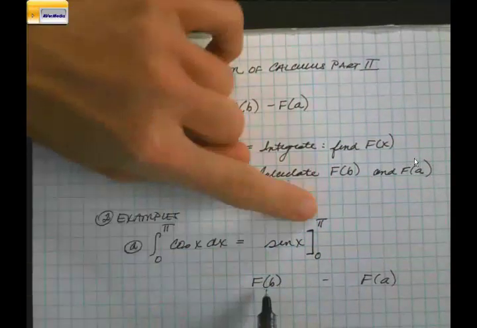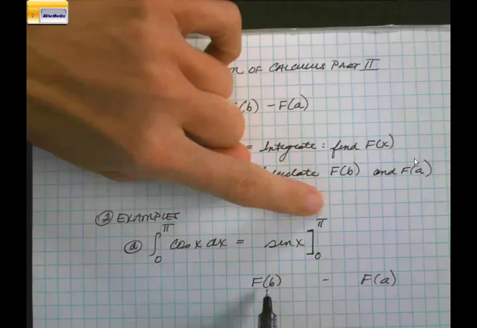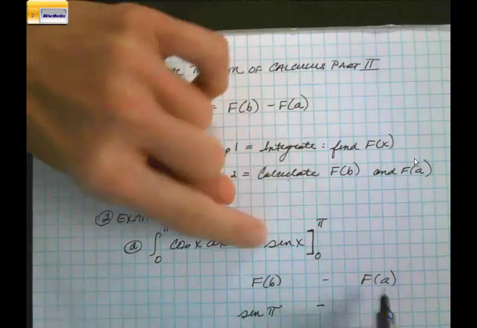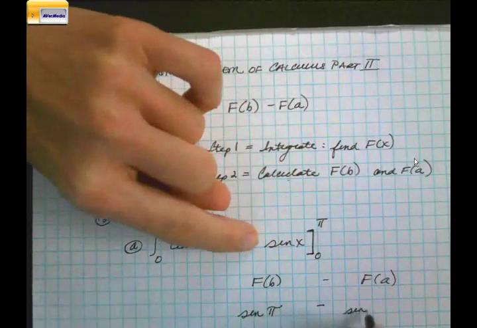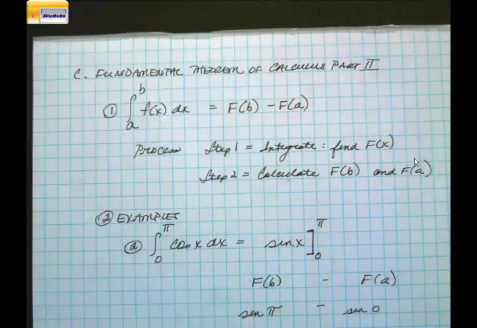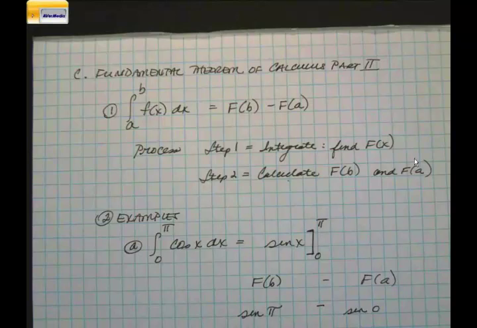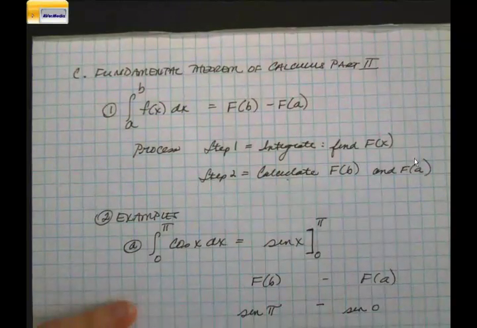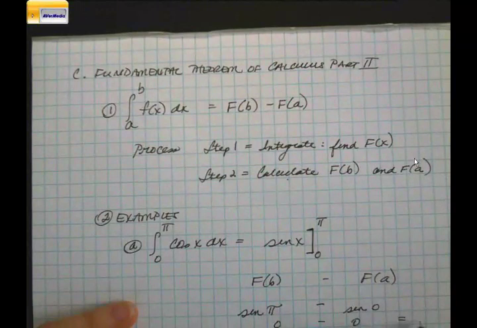Well, F of b is the upper limit, which is sine of pi, minus F of a, which is going to be sine of 0. So the top minus the bottom. Sine of pi is 0, and sine of 0 is 0, which equals a grand answer of 0.